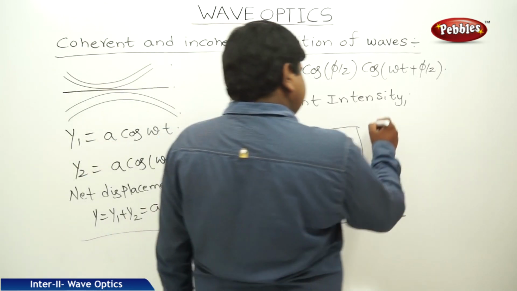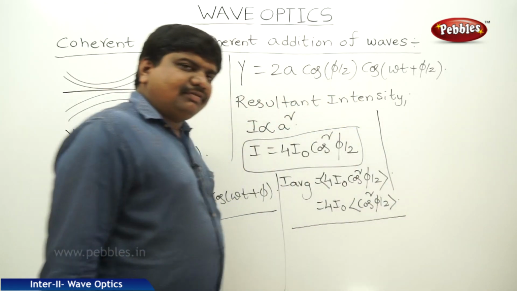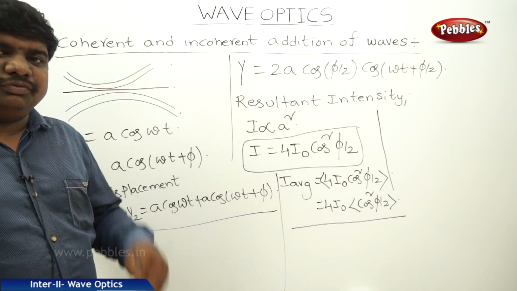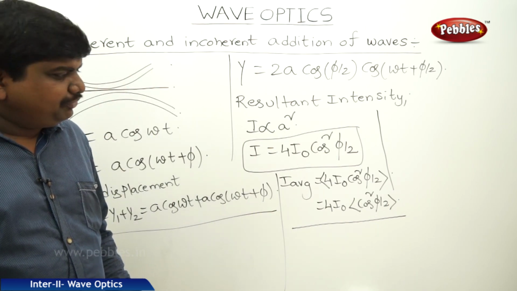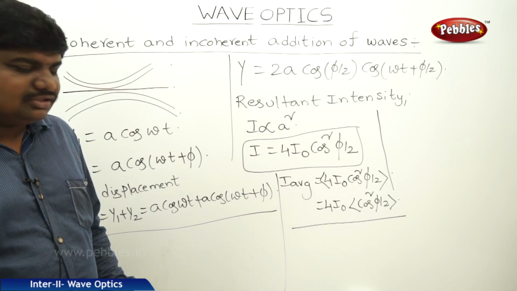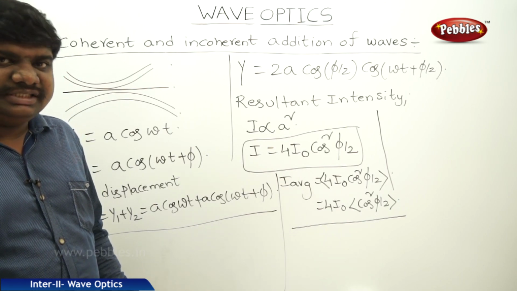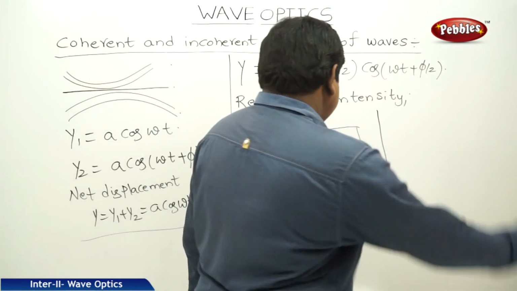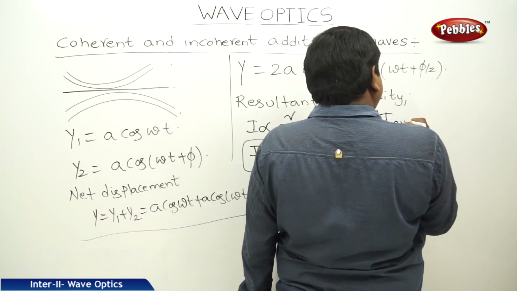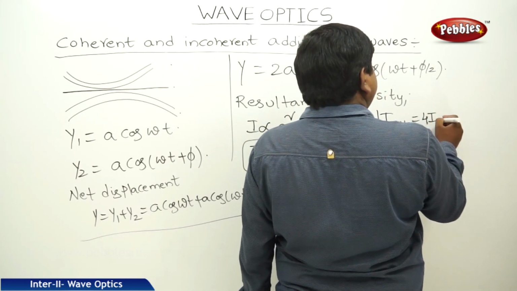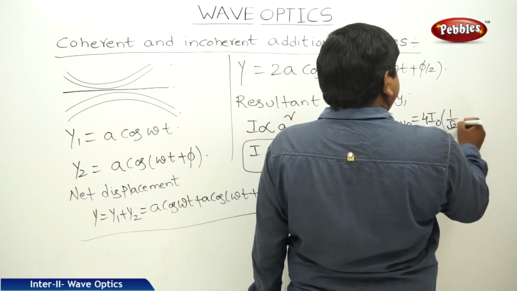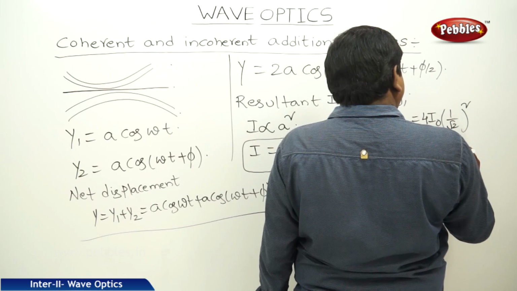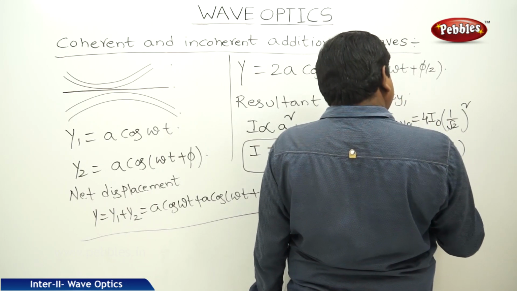In such cases, the value of cos phi by 2, or cos theta, varies from 0 to 1. So what we can understand is the average value of cos phi by 2 is 1 by root 2. Therefore 1 by root 2 whole square is 1 by 2. So I average is equal to 4 I naught into 1 by root 2 whole square, so 4 I naught into half, therefore 2 I naught.